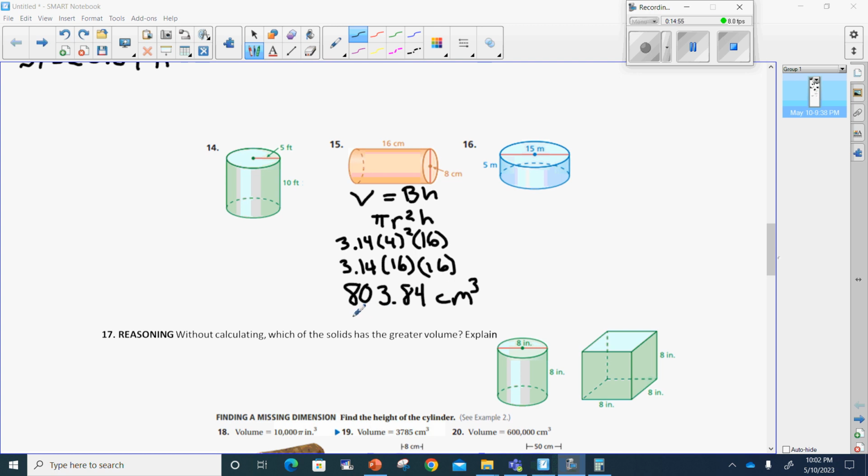And if you wanted to approximate this, you could say it's about 804 centimeters cubed.